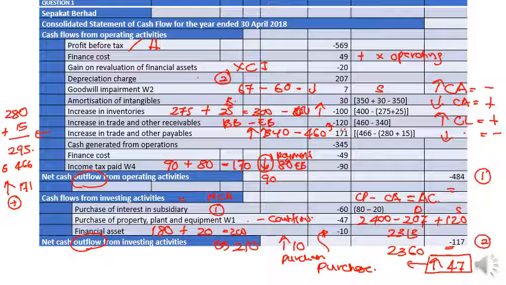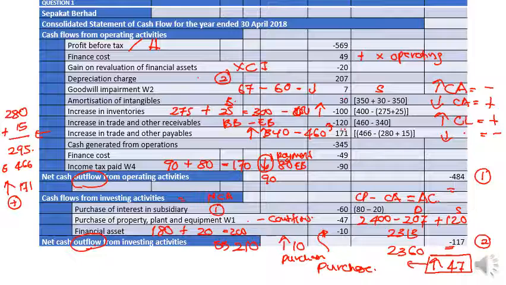And then we look at the changes in working capital. For changes in working capital, we're going to focus on items that you have in the current assets and current liabilities. The first one you have is inventories. For inventory, your beginning balance here is 275.